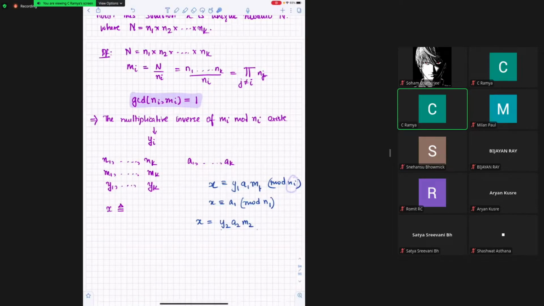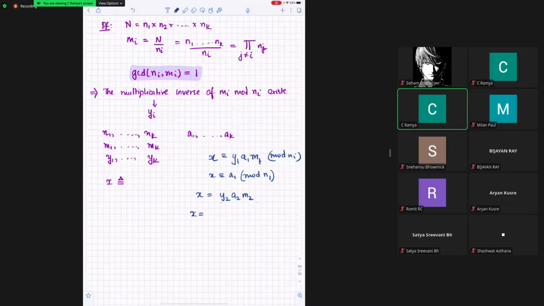So one possible guess is to add both, right? y1 a1 m1 plus y2 a2 m2. Define this to be x. Now, if I divide by n1, it will leave remainder a1 plus whatever remainder this second term will leave when divided by n1. But what will happen when I divide this by n2? It will become 0.